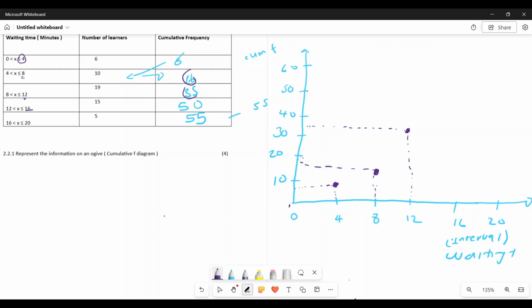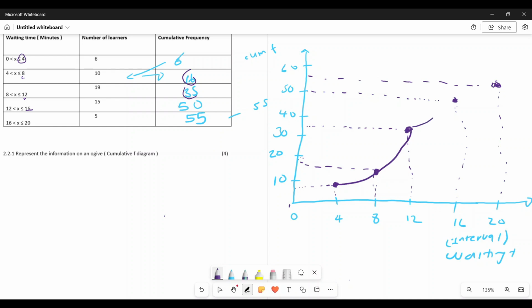So the 50 should be here. And lastly, for the last interval, the 55, I'm going to plot it at 20. So the 55 should be somewhere here. Now sketching my ogive, it would look something like this.